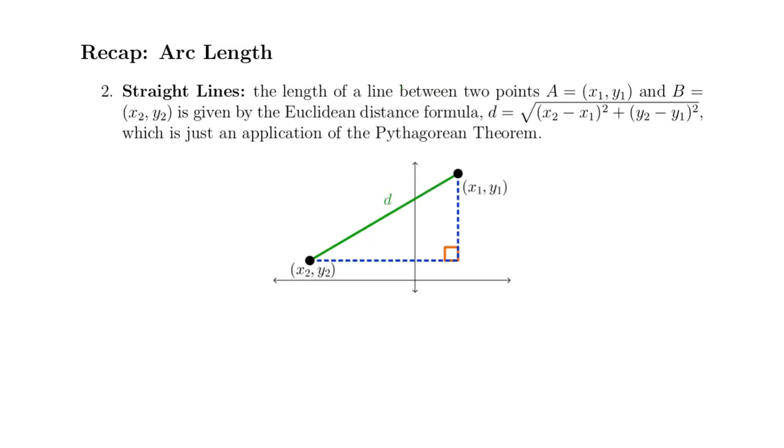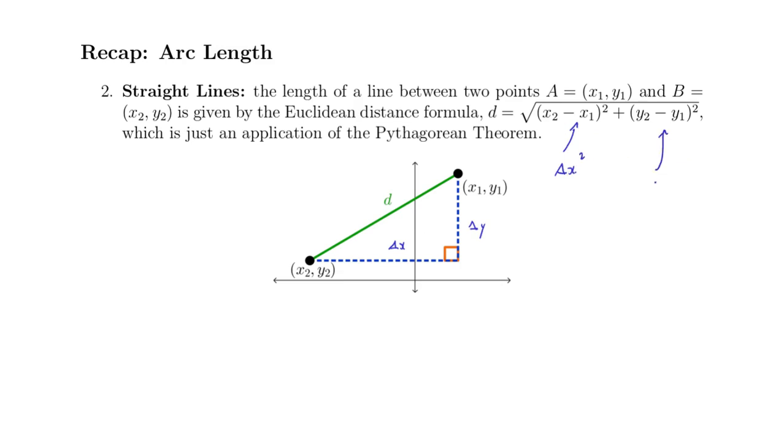Then we obviously have the straight line. We can find the length of a straight line between 2 points. And this just comes from the distance formula, which is really just the Pythagorean theorem, right? We have this delta x right here. Maybe I'll do this in blue. And a delta y right here, where delta x is literally just the difference of the x values. So that's right here.